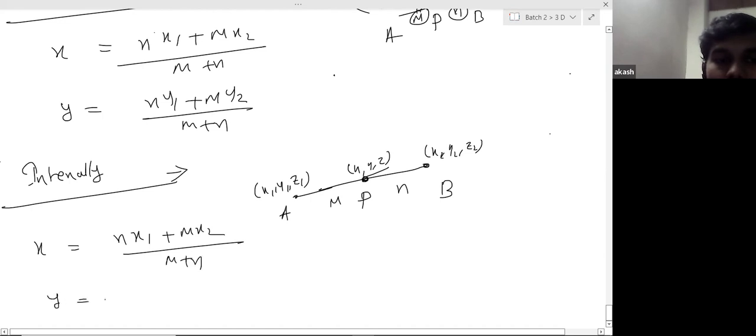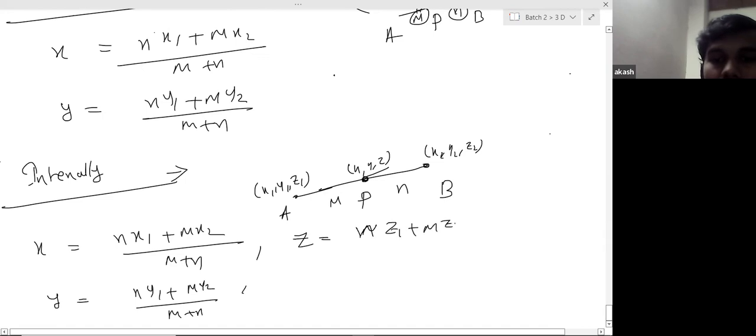The y coordinate will be (n into y1 plus m into y2) upon (m plus n), and the z coordinate will be (n into z1 plus m into z2) upon (m plus n). Right, write it down and we'll move ahead.